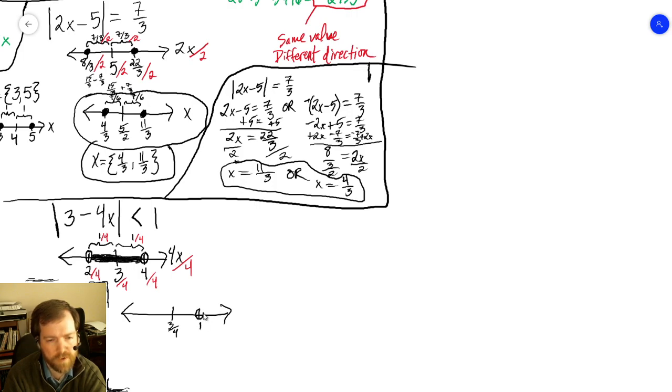It has an open circle, and it's shaded back to the inside. If we go back the other way, 2/4 is 1/2, open circle, and shade inside again. This distance here is 1/4. This distance here is also 1/4.